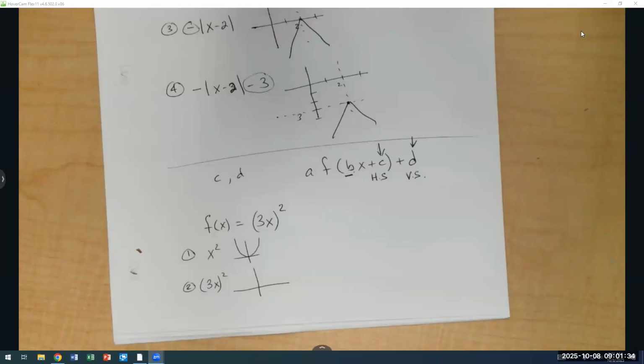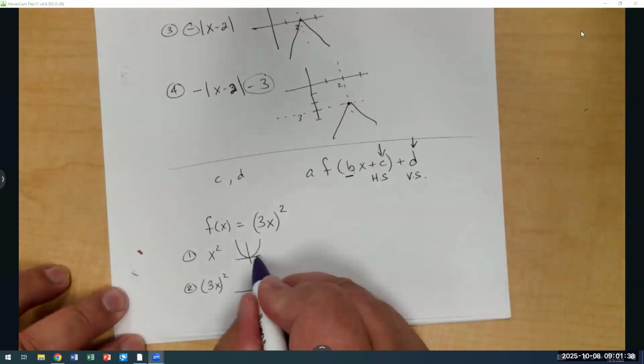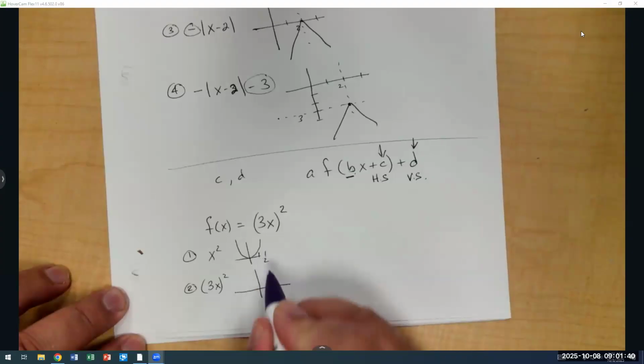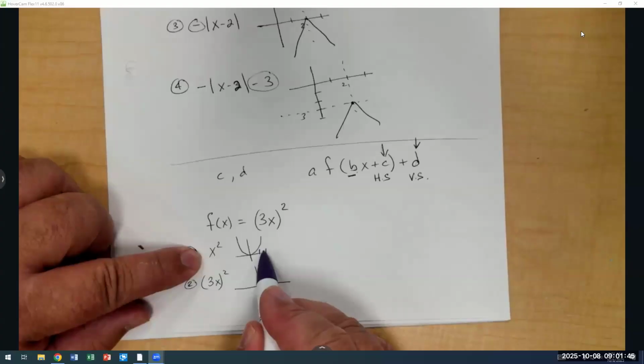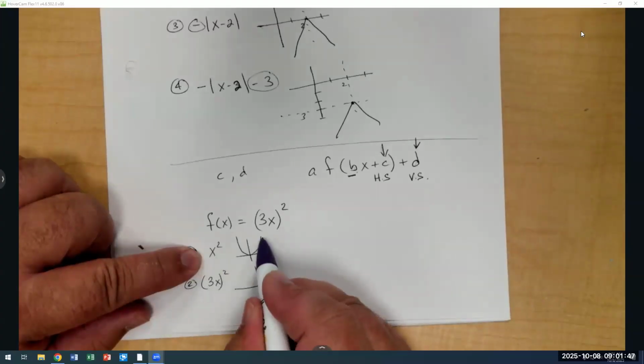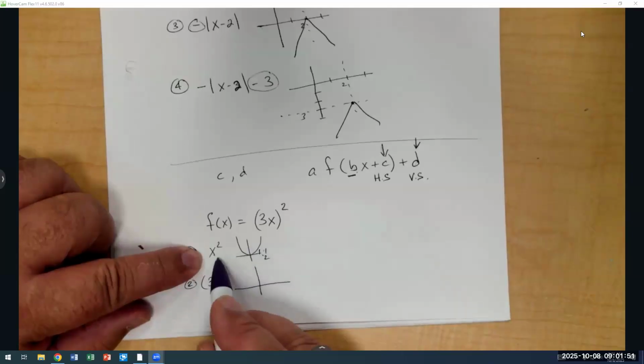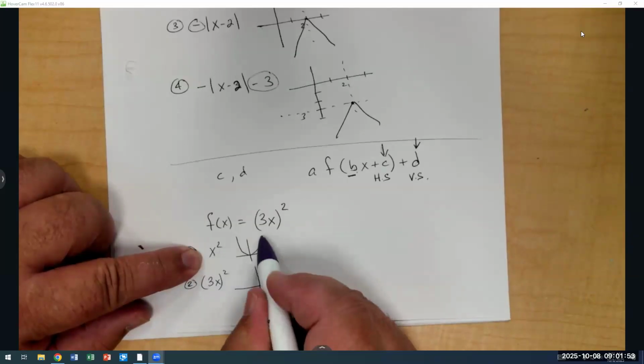Ooh, we have a smackdown now. Well, think about this. If x is 2, what's x squared? If we take x is 2, square it, what do we get? 4.